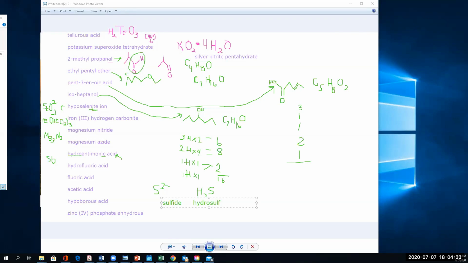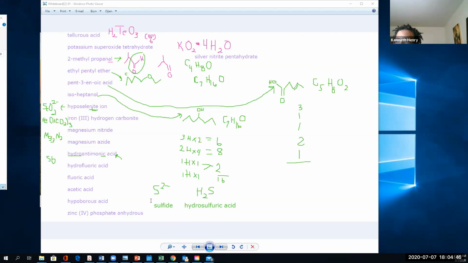That's my antimony. Can you see my screen? Yeah, I see it. So what do you need to do for hydroantimonic acid?